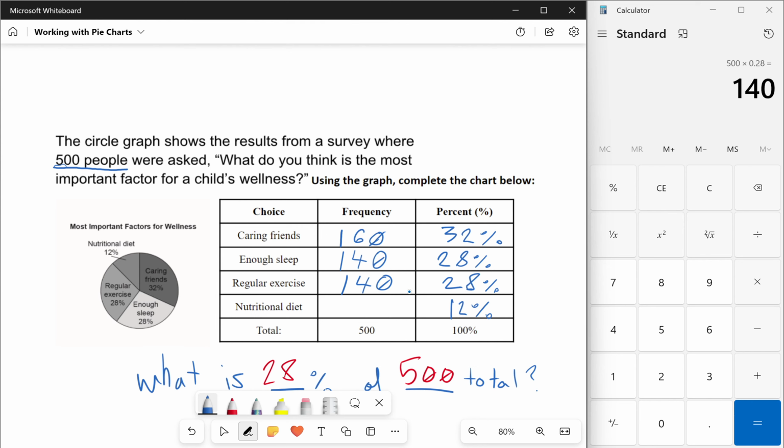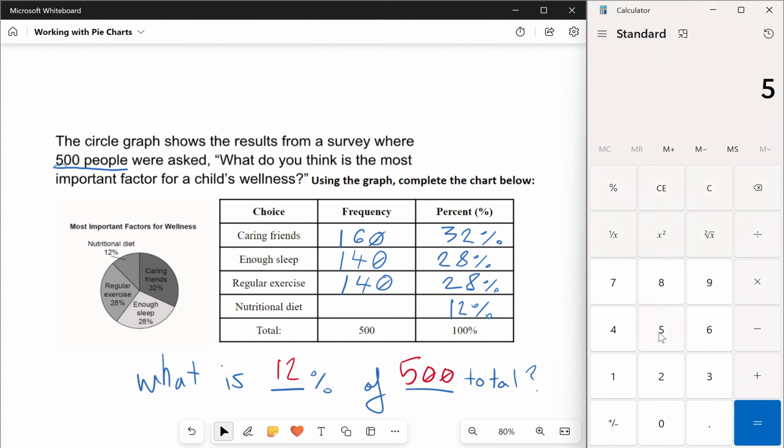And last but not least, when asked, what do you think is the most important factor for a child's wellness? 12% of people, and 500 people were surveyed, chose nutritional diet. We can see that right here. So what is 12% of 500 total?